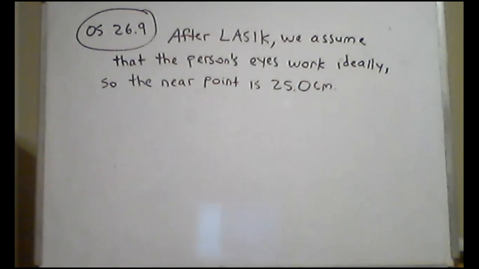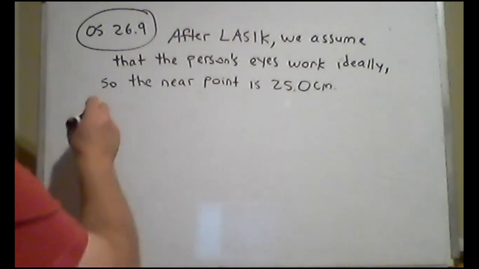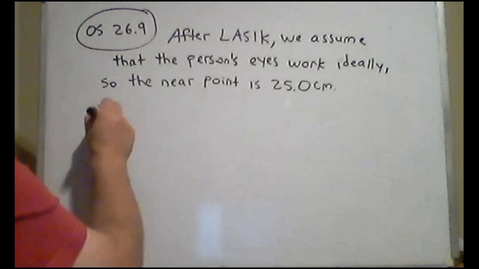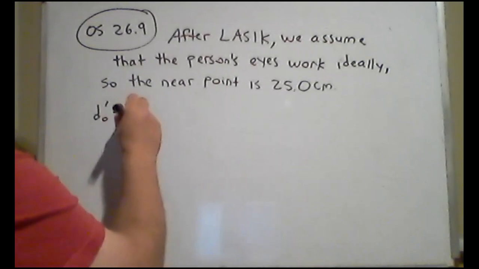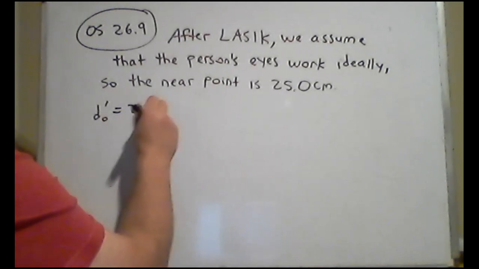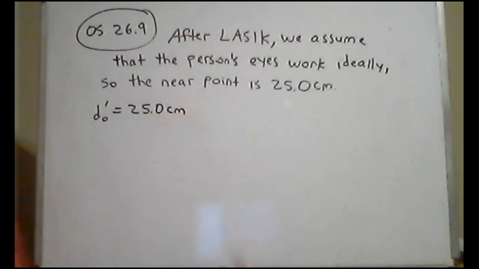And so that would be our D_O prime, if you will. We want to be able to look at an object. Let's say after LASIK, I'll call the variables after LASIK primed. So D_O prime means I want to be able to look at a 25 centimeter object.